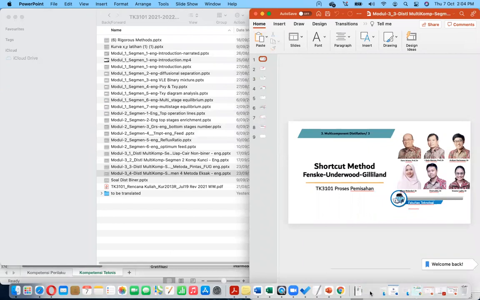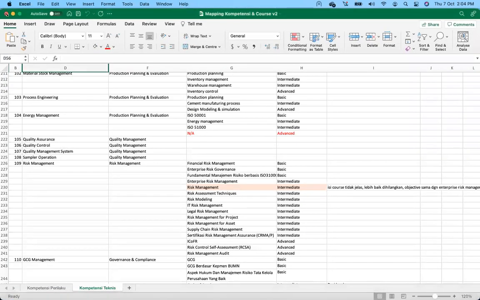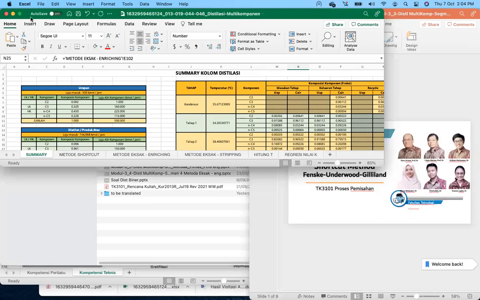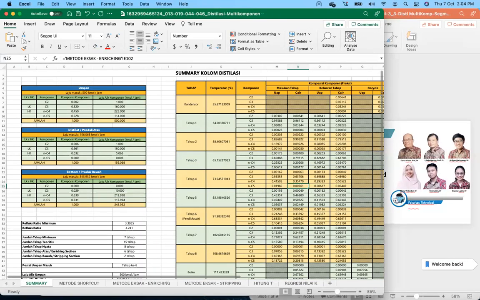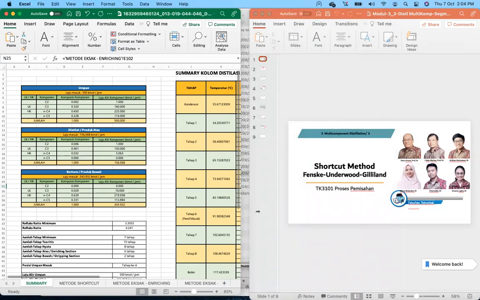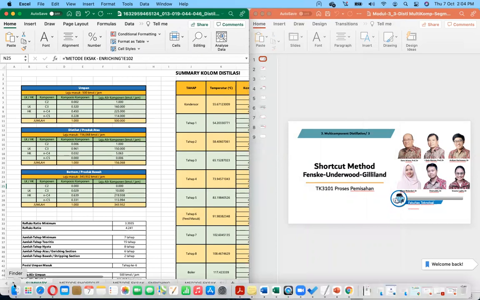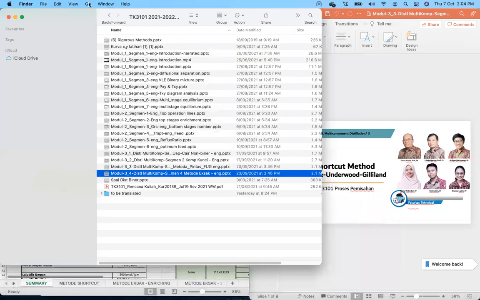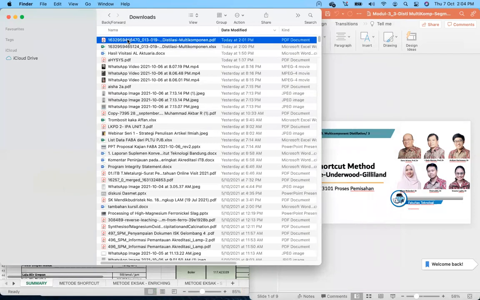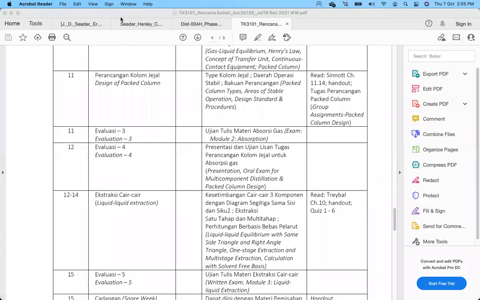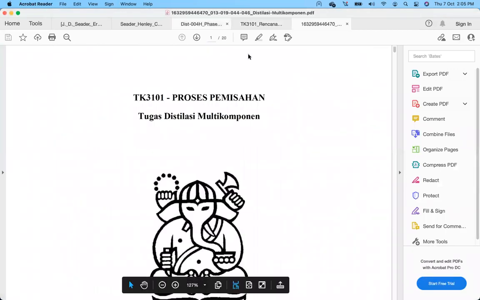Which part? Sorry, which part don't you understand? Maybe let's put it here, or maybe it's better to also put the report. Yeah, let's put the report as well. Yeah, this one.